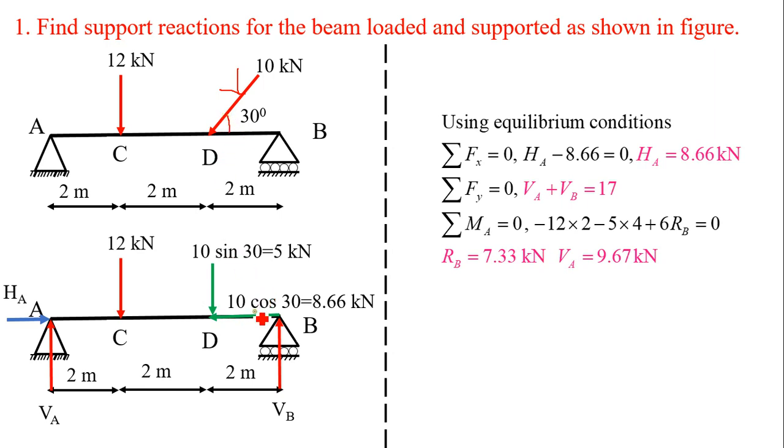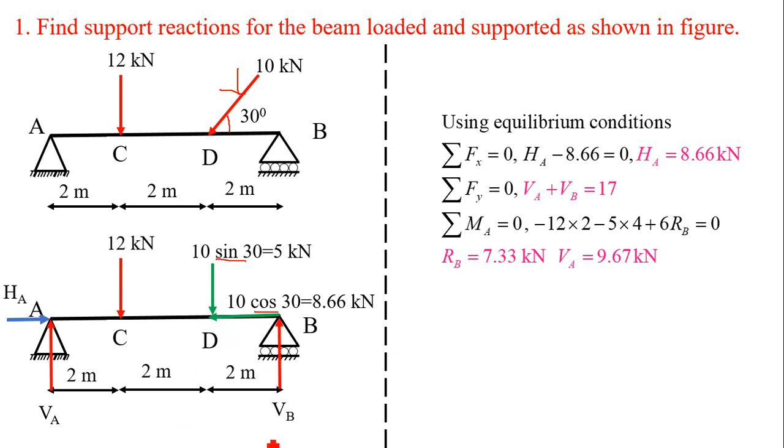So the x component is cos 30 and the y component is sin 30. Again, the 10 kilonewton load is acting in the downward direction, so the vertical component acts downward and the x component acts towards the left side.